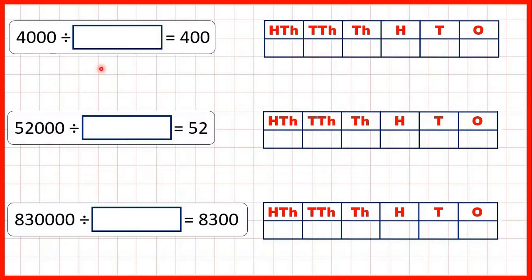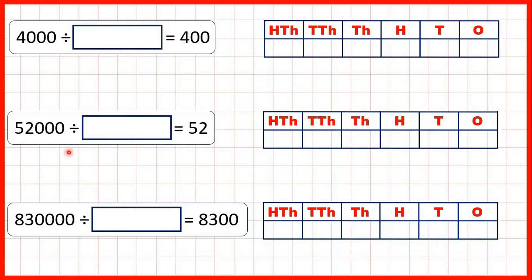Now for these questions, we have some missing divisor problems for dividing by 10, 100 or 1,000. And we can tell that the missing numbers must be 10, 100 or 1,000 because if we ignore the zeros, we have the same numbers in our dividends and our quotients. So for this first question, ignoring the zeros, we have 4 and 4.